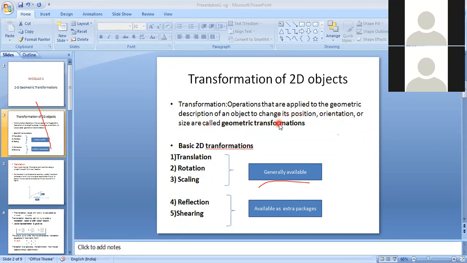These are called geometrical transformations. So transformations are the operations that are applied to the geometrical descriptions of the objects.